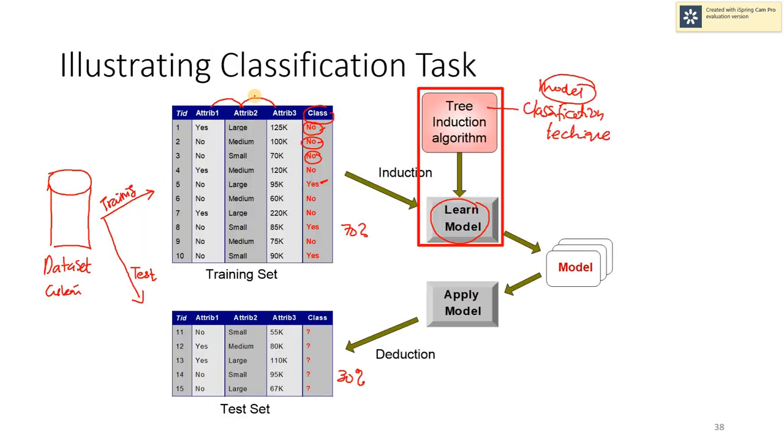Before that, let me give a layman's term for our classification task. Imagine you are a student, and you have classes for 14 weeks, and then you have the final. Your final is what we call the test set. Your semester of 14 weeks is what you call training.